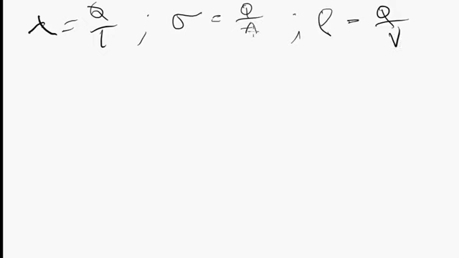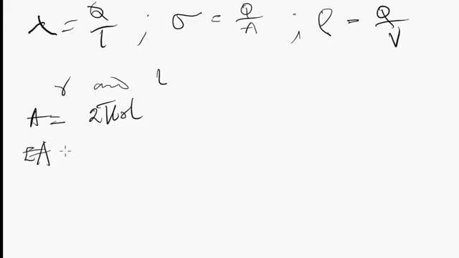For a cylinder of radius R and length L, we have the area 2 pi RL. Now if the area is this, we can apply it to the formula EA is equal to Q over epsilon naught.